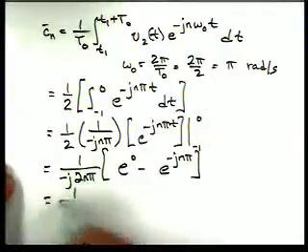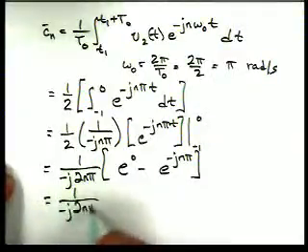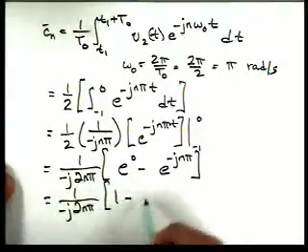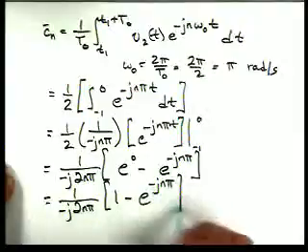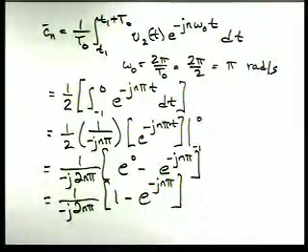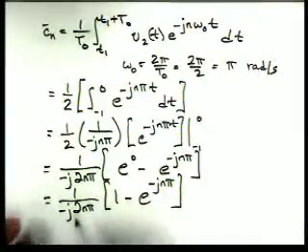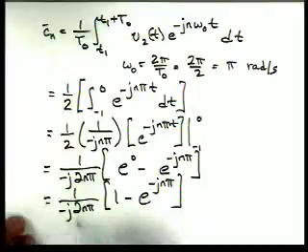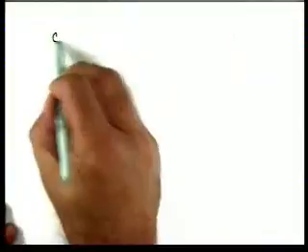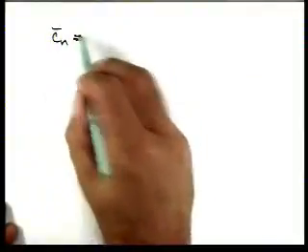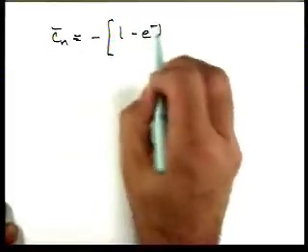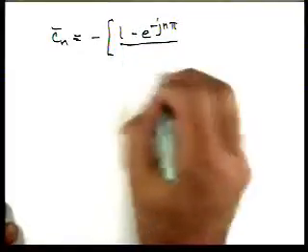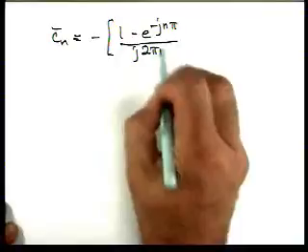That is 1 over minus j2 n pi times 1 minus e to the minus j n pi. We can take one more step: pull this j n pi in here and leave the negative out front. So our C sub n's become minus 1 minus e to the minus j n pi over j2 pi n.